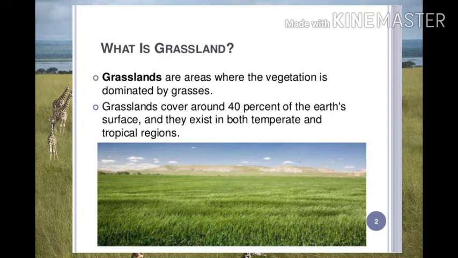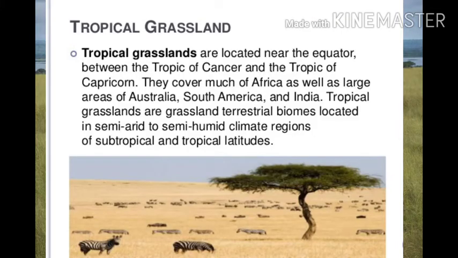So first we will talk about the tropical grasslands. The tropical grassland can be found on both sides of the equator in the tropical region. As I have shown you the tropical region, the grasslands are situated on both sides of it.